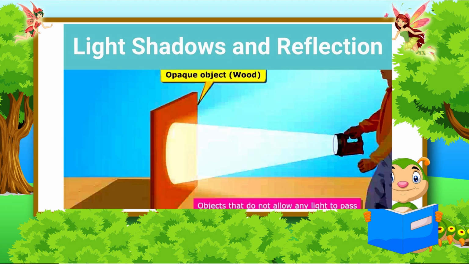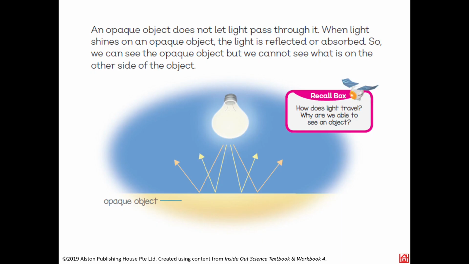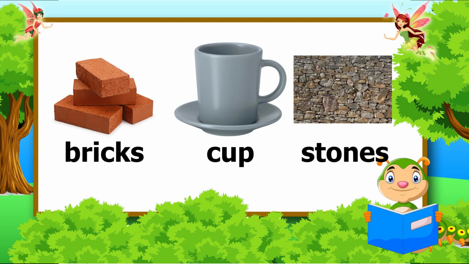So we can see the opaque object, but we cannot see what is on the other side of the object. Examples of an opaque object are bricks, a cup, a stone. These objects do not let light pass through.